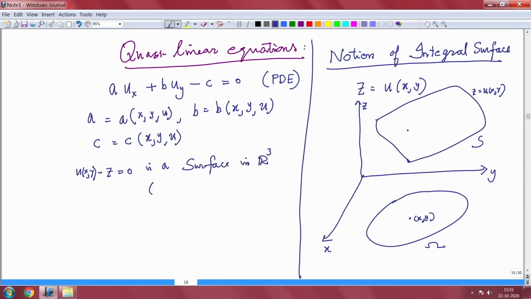Basically this is the solution surface. So, when you are trying to solve this Cauchy linear PDE, you are trying to find the integral surfaces. This surface is called the integral surface or solution surface.